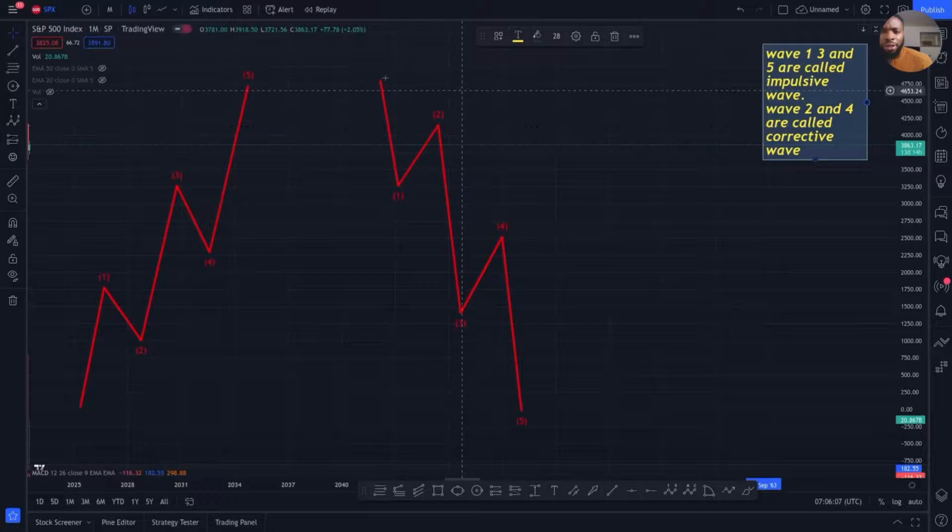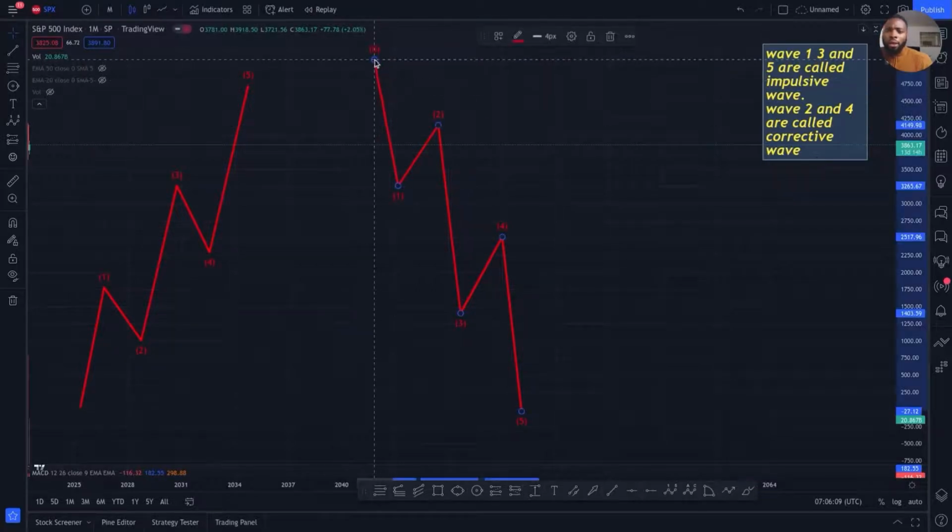Similarly, for a downtrend, wave 1, wave 3, and wave 5 are impulsive waves because, see the direction, they move downwards in the direction of the trend, and they have the biggest moves because you have more people interested in these waves than in the corrective waves that go against the trend.